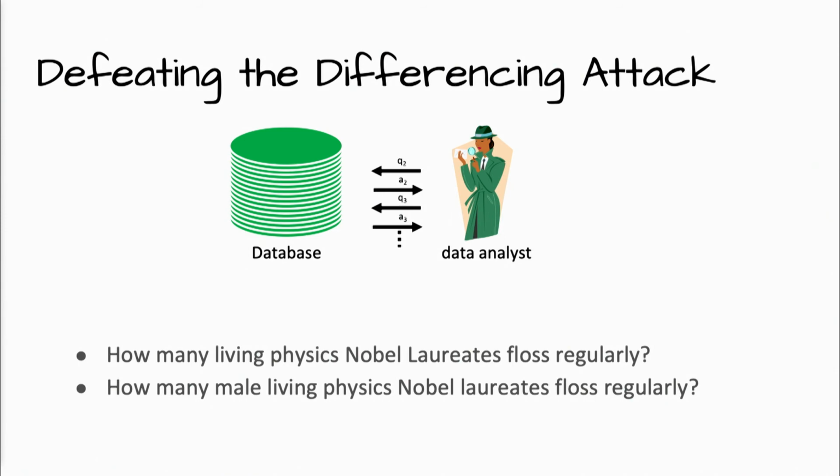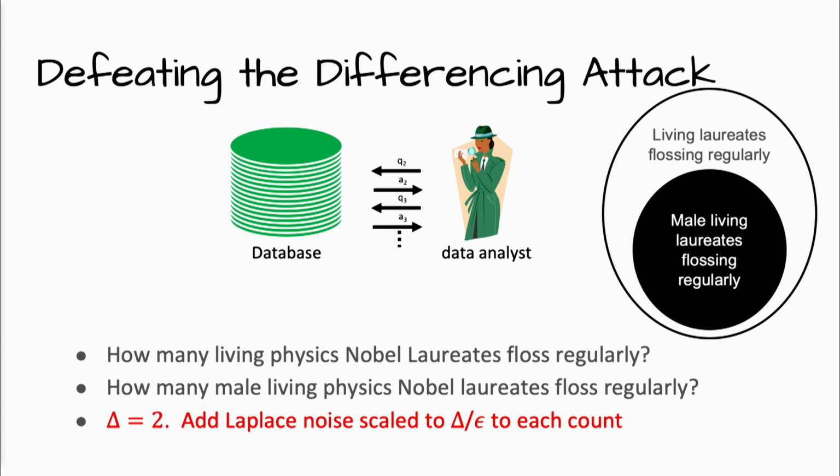So let's go back to our flossing attack. How many living physics Nobel laureates floss regularly? And how many male living physics Nobel laureates floss regularly? Well, the sensitivity of this pair of queries is 2. I haven't gone through how we're defining sensitivity for a vector-valued query, but it's the L1 difference in the norms.